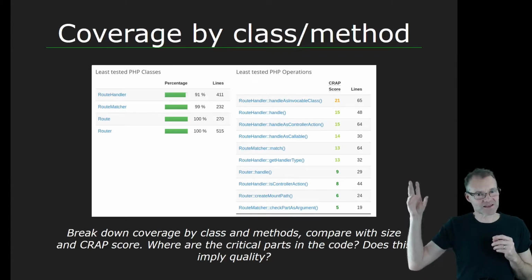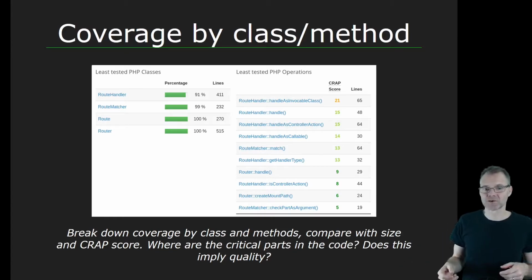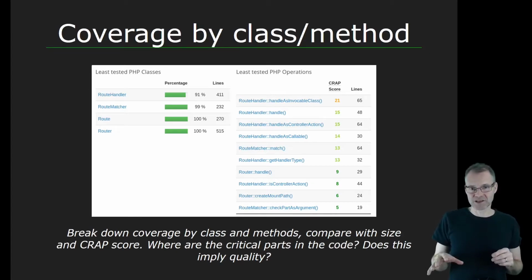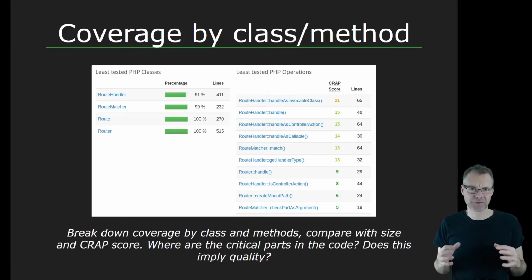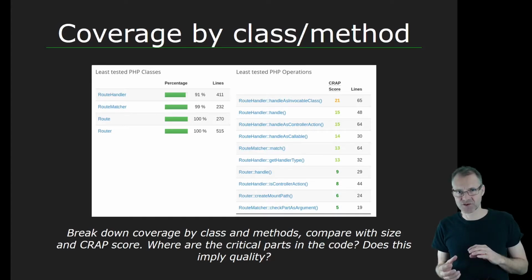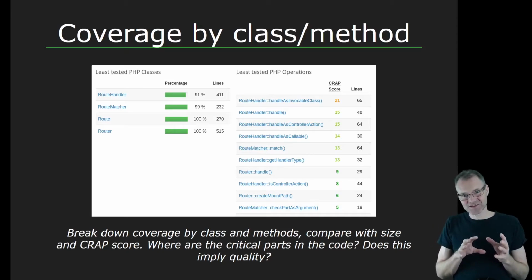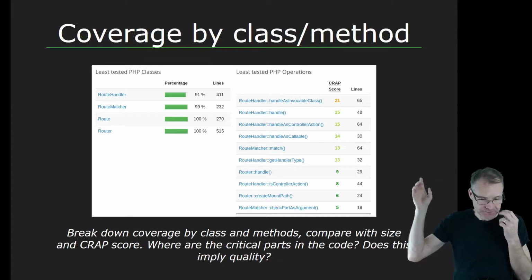Taking the route handler up there, it's 91% of 411 lines, so approximately 40 lines of code that I need to cover more. How much time would it take to write unit tests for 40 lines of code? Well, it depends, but we can make it more understandable when we put metrics into context and compare them with each other.